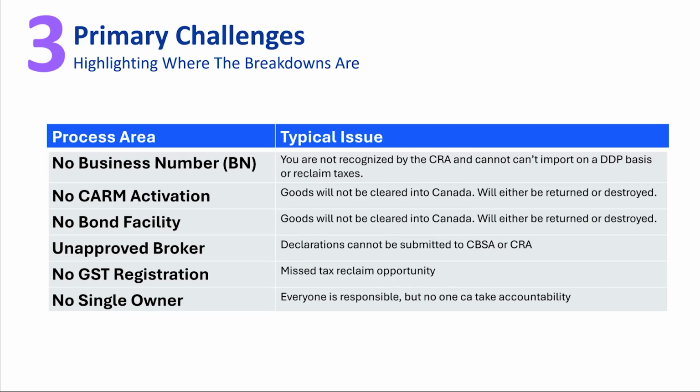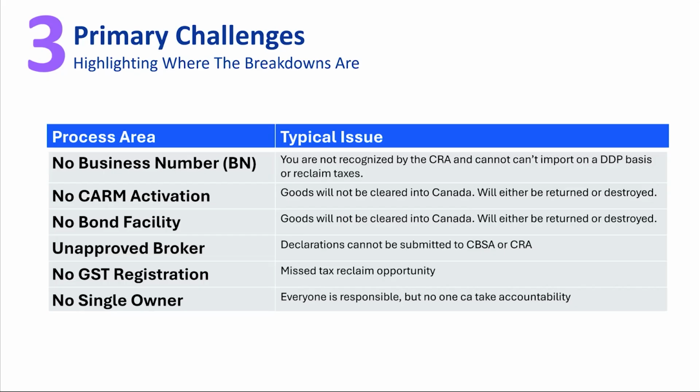The second aspect is no CARM registration. As mentioned, this simply does not allow you to import your goods into Canada. The items will either be returned or destroyed depending on the situation and circumstance. A similar instance comes into play for the lack of an import bond facility. Your items will not be cleared into Canada, and they'll either be returned or destroyed.